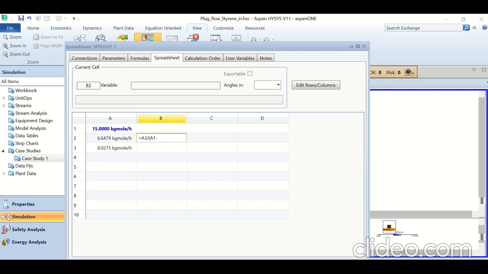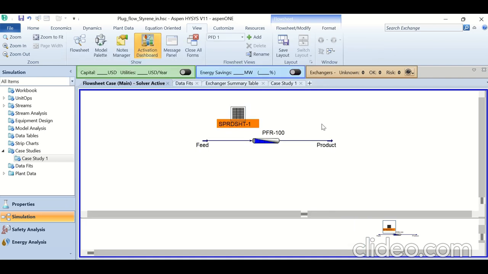A1 is the molar flow rate of ethyl benzene in feed. A1 minus A2, and asterisk 100. Okay, and I call this the selectivity. Okay, so this is the selectivity. Selectivity is 96.11. Thank you very much.